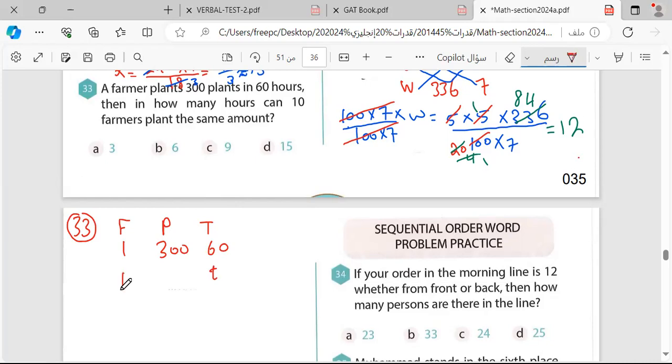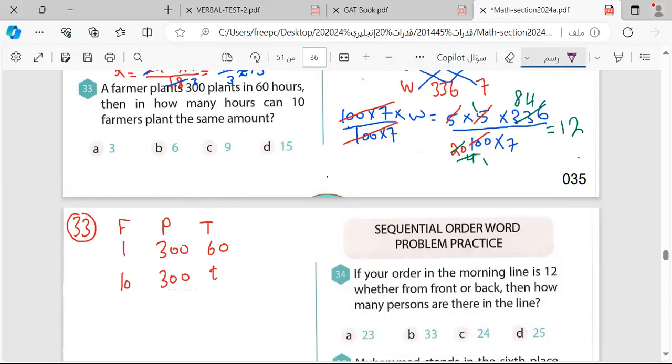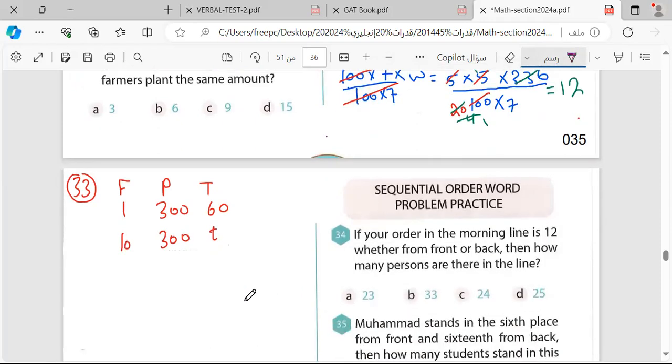Can 10 farmers plant the same amount, 300? Same thing, we use cross or alternative reduction or multiplication. We multiply like this. T times 10 times 300. You can write it directly, no problem.